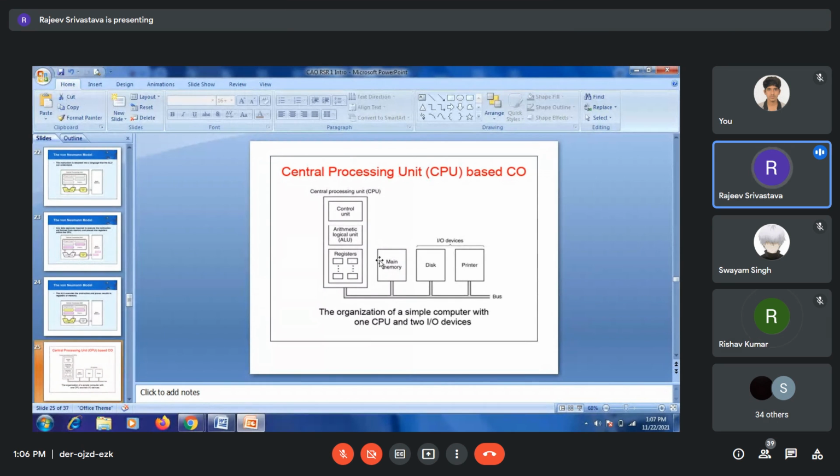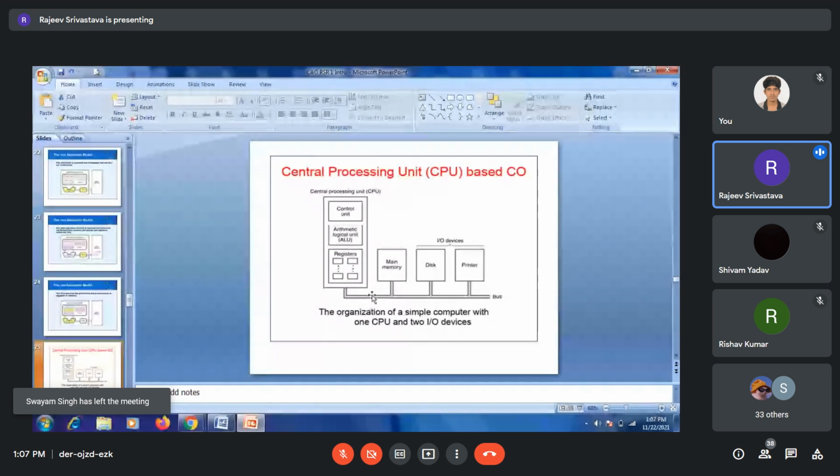Memory is outside the CPU, so this is called main memory. Then IO devices like a printer, and these are the buses. The external bus communicates among the CPU, main memory, and IO devices. Inside the CPU, we have an internal bus.